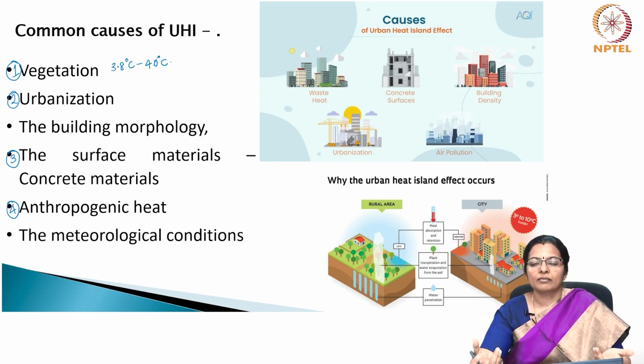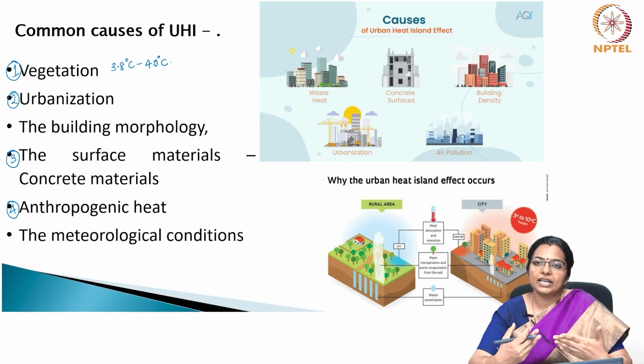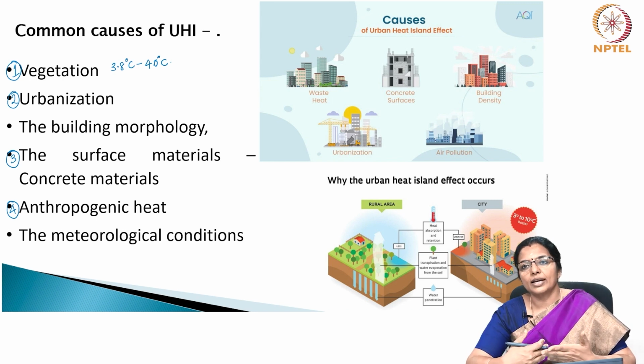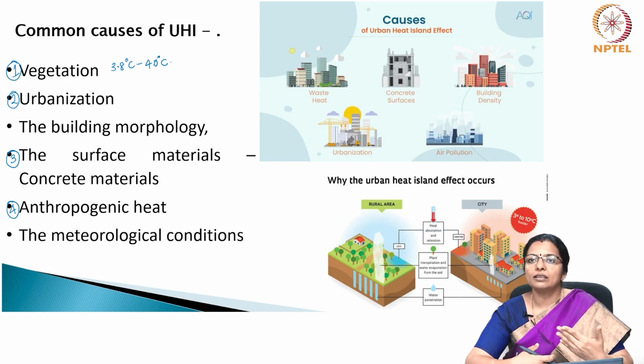Other than applying few planning strategies and optimizing building morphology, this factor's construction is beyond the scope of architects and planners. But in order to reduce this, it is definitely in the hands of architects and planners, because if we are able to design buildings which do not need the source of active energy to cool them, then automatically the anthropogenic heat generated through HVAC systems can be reduced.